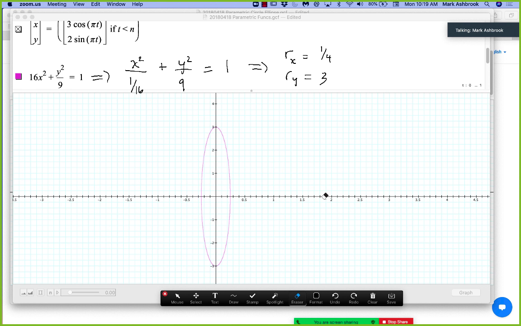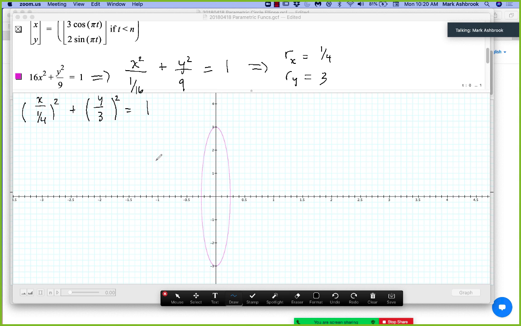We could rewrite this ellipse by making these ratios a whole ratio squared. Is that okay? Can I do that? So x squared over 1/16 is the same as x over 1/4 all squared. Y squared over 9 is y over 3 all squared.